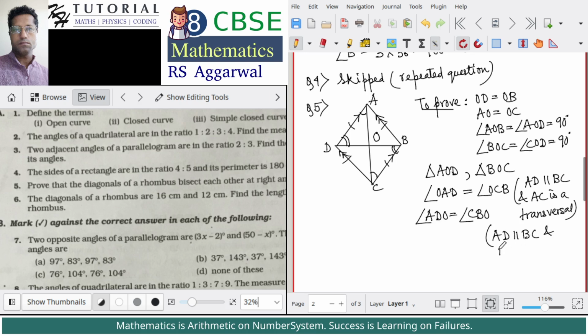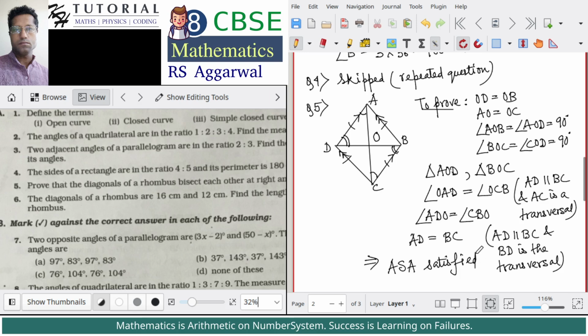The transversal is BD. And finally we have the side AD equal to BC. So we have one side AD equal to BC, and the two angles at the opposite ends of the two equal sides. So definitely angle-side-angle congruency is satisfied.